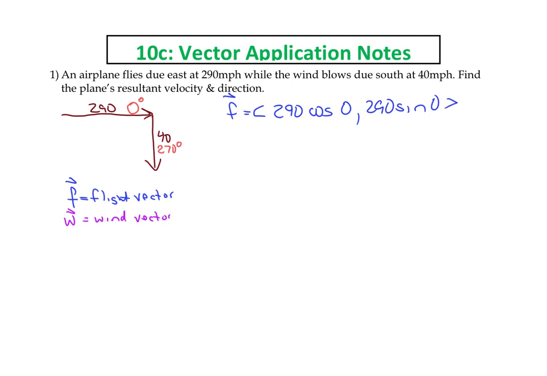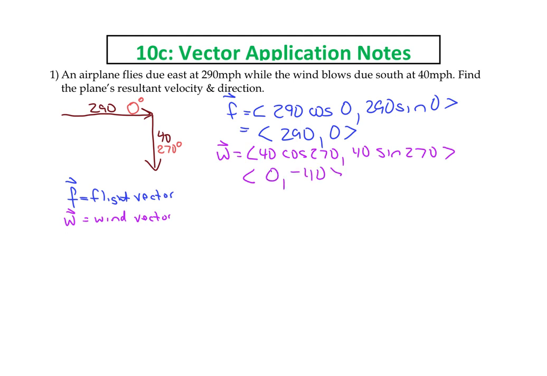We'll put this in, and the components for the flight are 290, 0. Now we're going to find the wind vector components, and that's going to be 40 cosine 270 and 40 sine 270. And so the components for the wind are 0, negative 40.